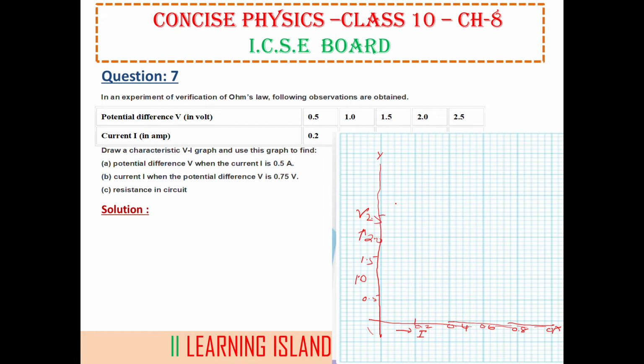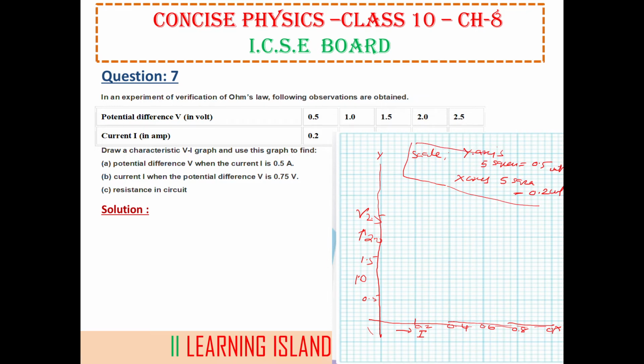That is, the scale will be like this on the vertical axis. On the y-axis we have taken 5 squares equal to 0.5 unit, and on the x-axis we have taken 5 squares equal to 0.2 unit. You have to mention this on the graph paper.